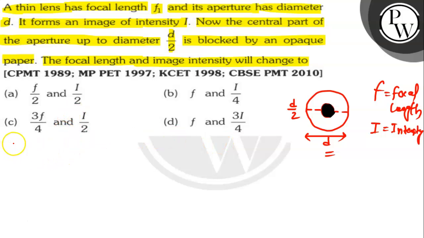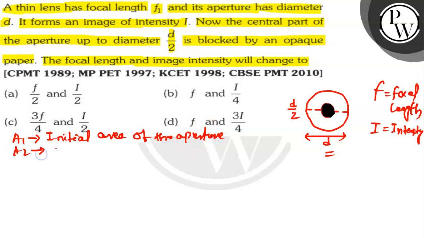So let A1 denote the initial area of the aperture and A2 is the area once the aperture is covered by opaque paper.